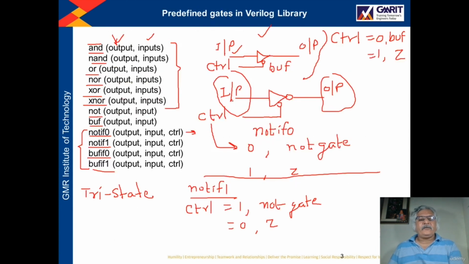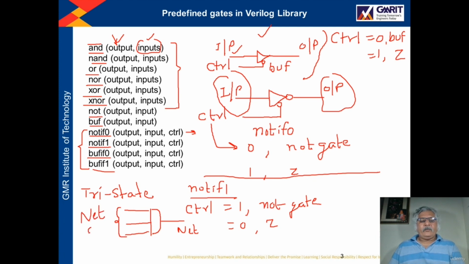So this means the inputs, right? Suppose this is some AND gate having 2 or 3 inputs. This is the output. So the output must be connected to a net type, and these inputs can be net type or register type, right?